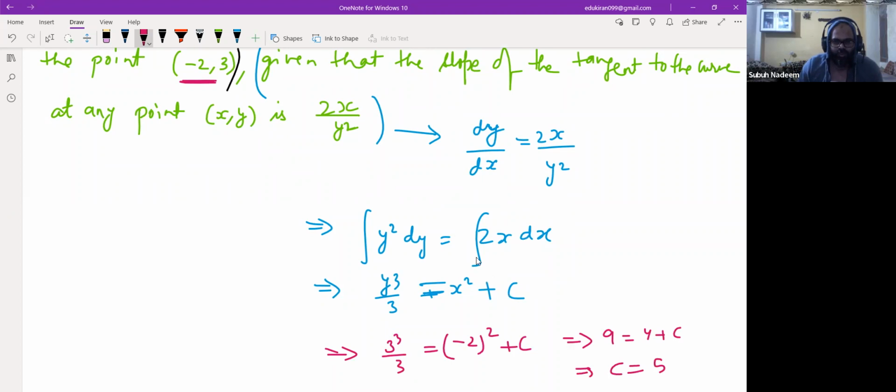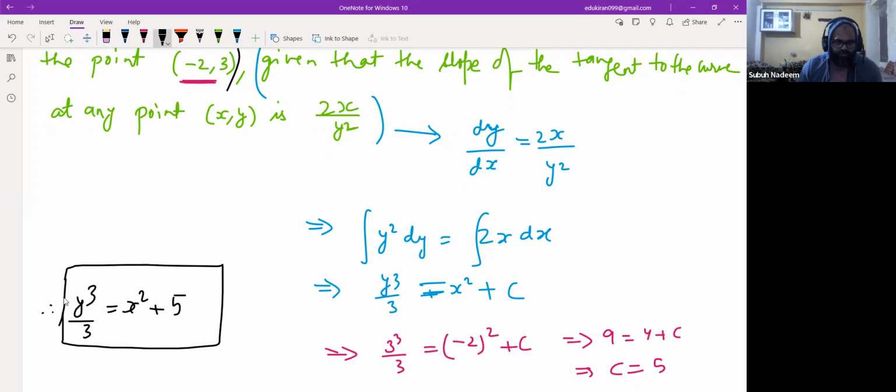So you will get the constant of integration, the arbitrary constant. So therefore, y cube by 3 is equal to x square plus 5. This will be your answer. This is the required question.